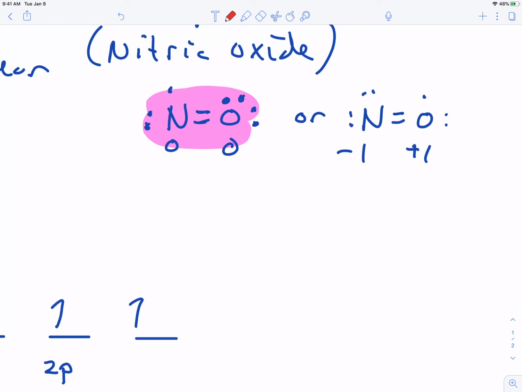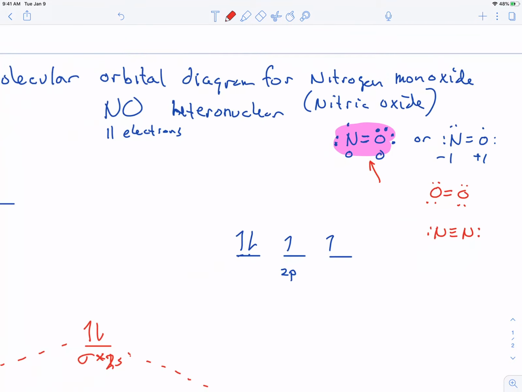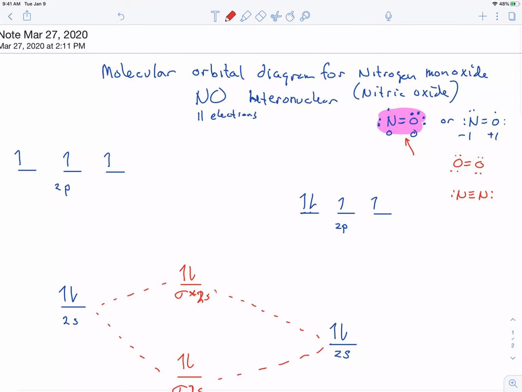If you remember, O2 has 2 bonds, and nitrogen has 3 bonds. As it turns out, in terms of bond strength, nitrogen monoxide is in between those two if you just look at the bond strength experiments. So molecular orbital theory will help us with that as well.